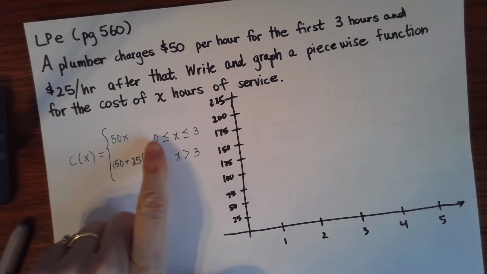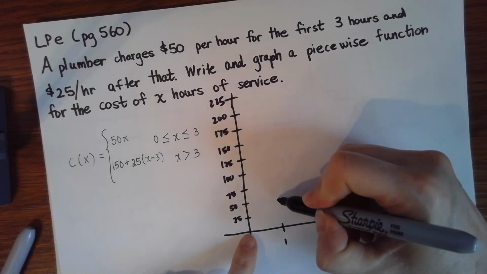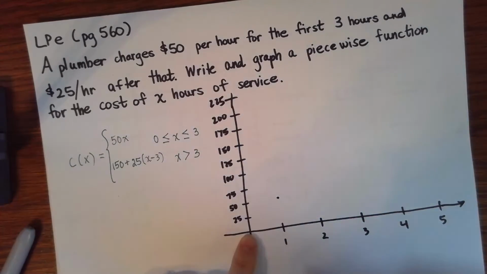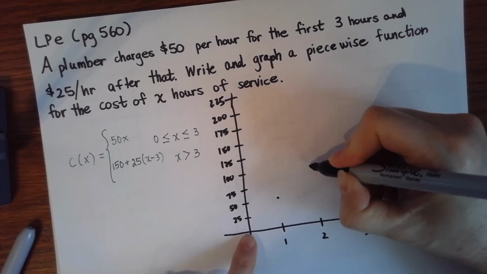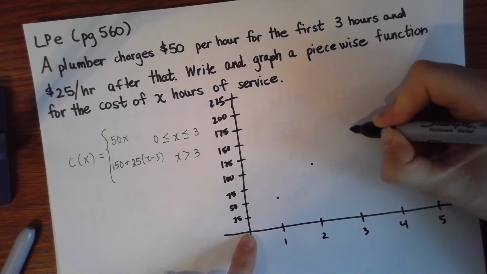So anywhere from 0 to 3 is just going to charge $50 an hour. And so for 1 hour it would be $50. For 2 hours, $100. For 3 hours it would be $150.